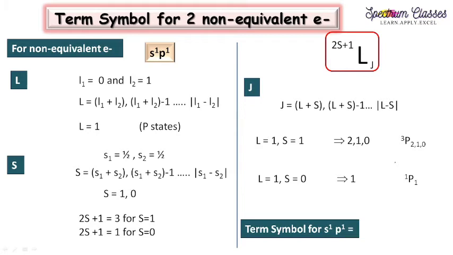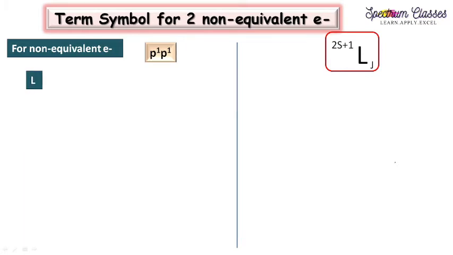We can also have another example. For example, if I take the example of p1 p1 type of two non-equivalent electrons, how we are going to solve and what will be the term symbols for this type of electronic configuration. So first we are going to determine that. So I hope guys you understand.